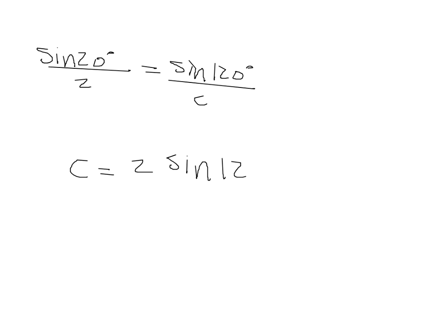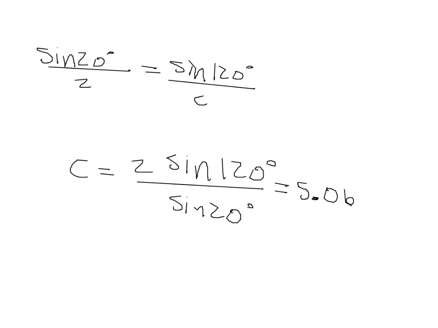So sine beta over 2 is equal to sine gamma over C. So do the cross multiplication. I get C equals 2 sine 120 over sine 20, and I get 5.06.